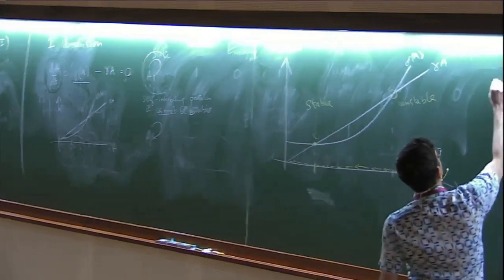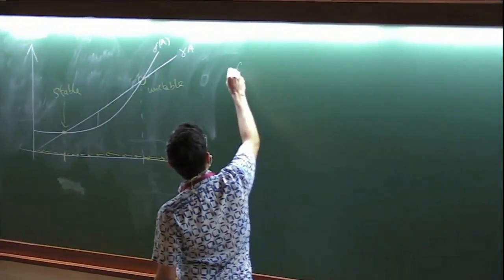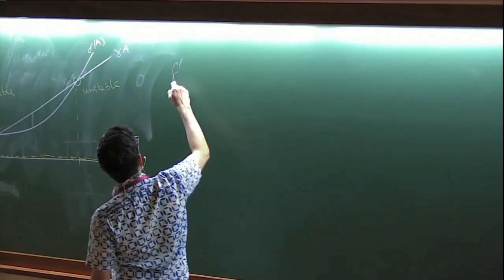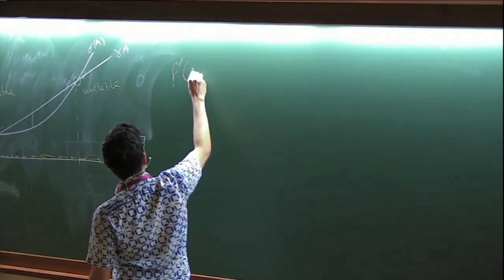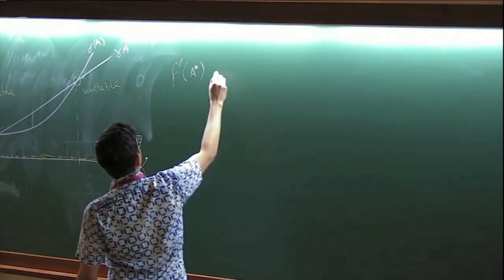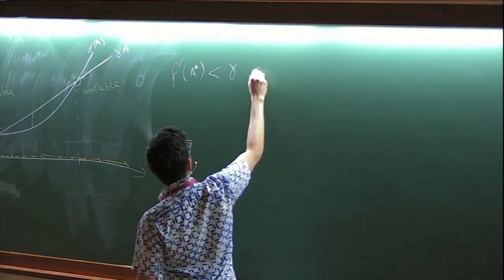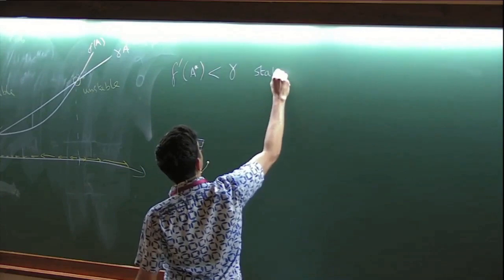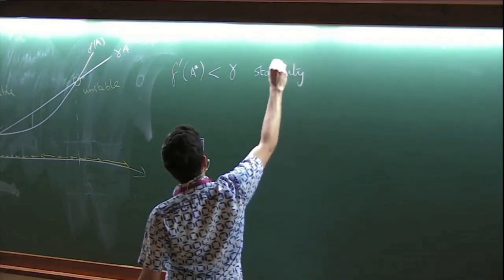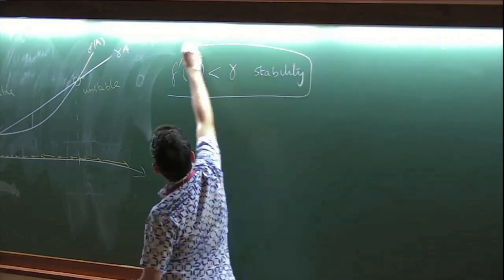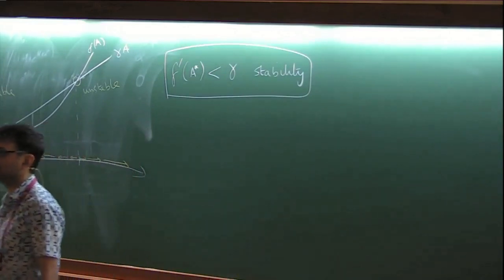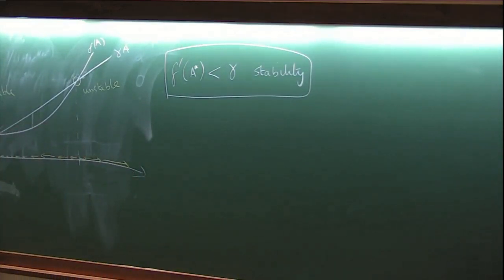Or more algebraically, if this was the slope of the line at A star, you want this to be less than gamma for stability. That's just an algebraic way of saying it. Okay, so in one dimension, it's rather straightforward. It's easy to just look at a curve and see where you will be stable, where you won't.